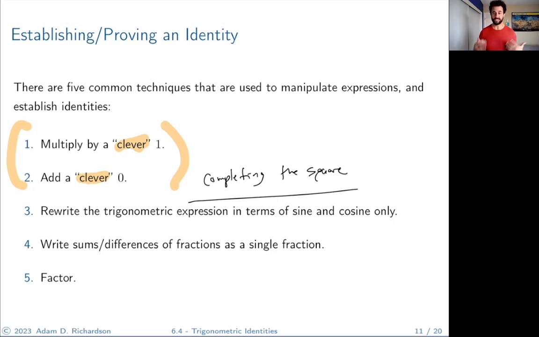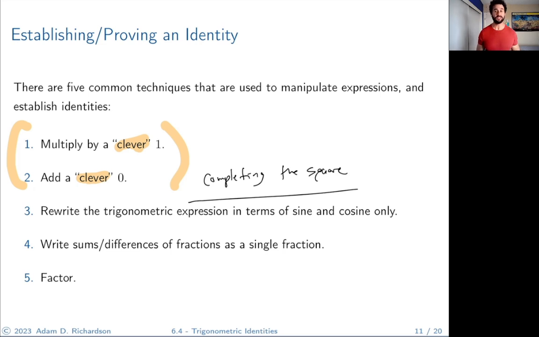If you've got multiple fractions with different denominators, find a common denominator and write them as a single fraction, and sometimes that can help you reduce and simplify things. And then there's always factoring. So number 5, factoring. If you want cancellations in fractions, you're always going to have to factor, get a common factor in the numerator and the denominator, and that will let you cancel.